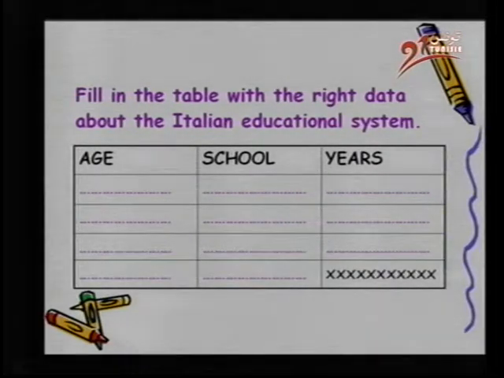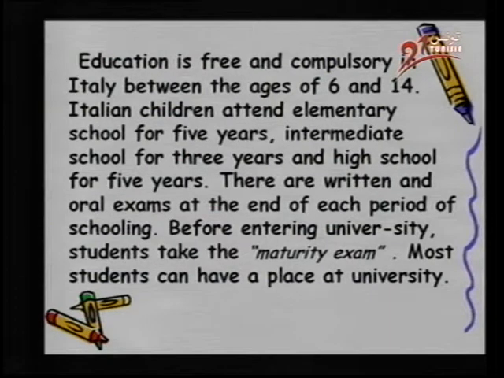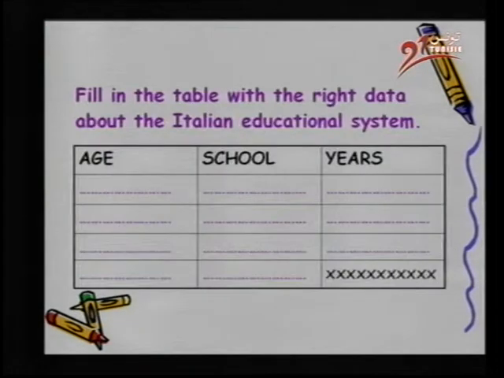So have a look at the text again and try to complete with the missing information. Focus on the details that you need to focus on. Look at the table again. I think it isn't so difficult as it may seem.